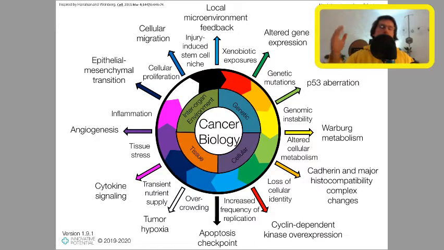So you can come from any direction on this, but in the generalized case, most cancers usually have some type of cyclin-dependent kinase overexpression, and these are the molecules that basically grow a cell, split a cell, rinse and repeat.